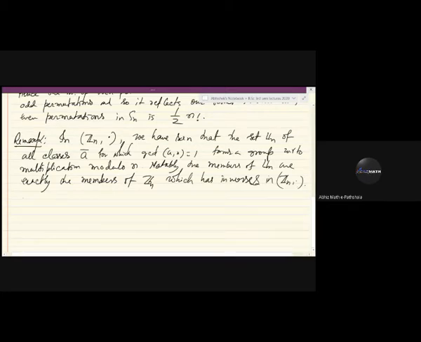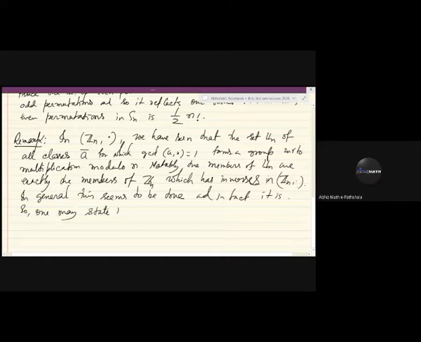In general, this seems to be true. And in fact, it is. And the theorem will be like that.